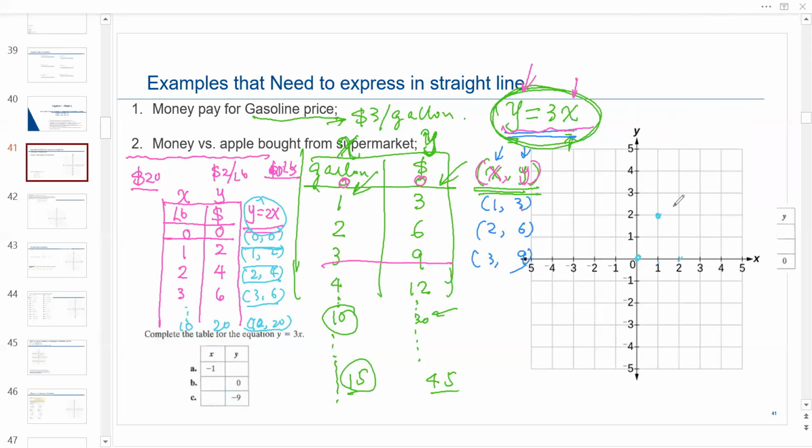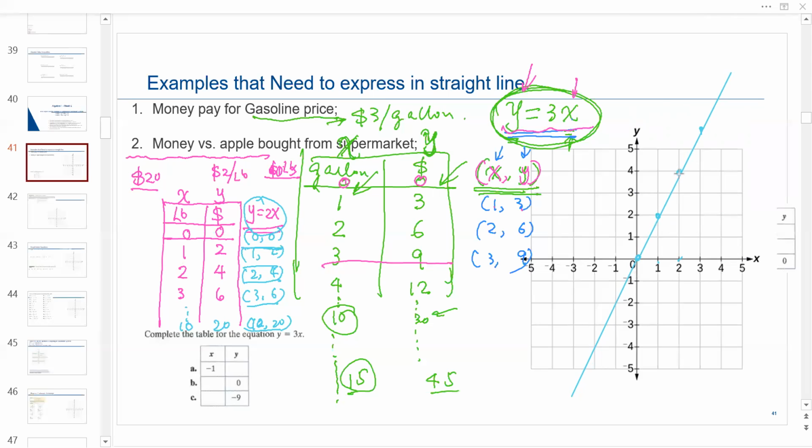You buy 2 pounds, you pay $4. 3 pounds, you pay $6. If you link these together, they are in one line, right? All right, so they have this kind of situation.